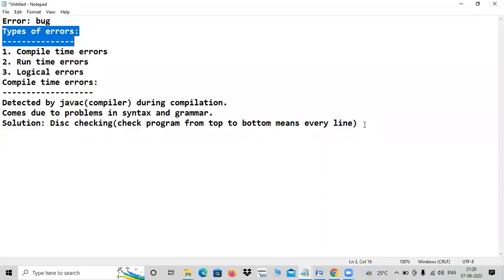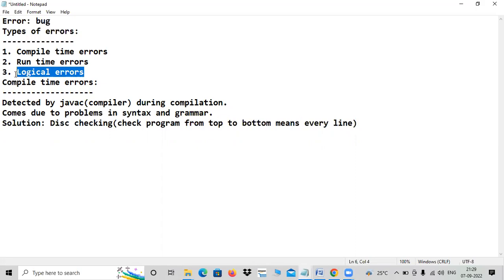But sometimes you can run the program also successfully, and you started complaining, "Sir, I could not get answer. Sum of 7 plus 5, it is showing something else. I'm not getting 12." Sometimes you would have asked like that. Then that is due to logical error. If your formula is wrong, it will show something else. So that is compile time, that is logical. Okay.